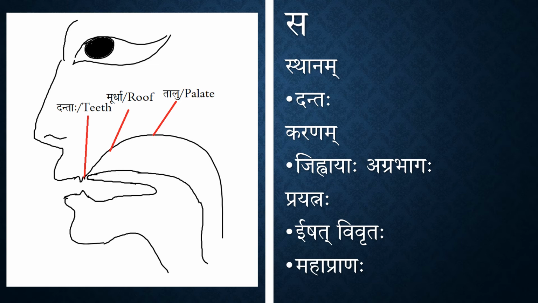But ta, tha, da, dha, na touch the part behind the teeth, whereas for sa the tongue doesn't touch, it just goes very near to that part behind the teeth, but does not touch it. Sa, the air is pushed out.